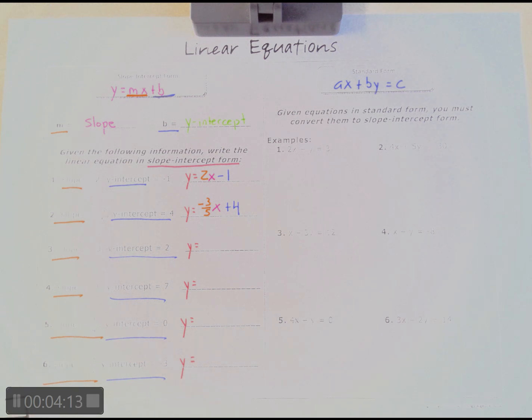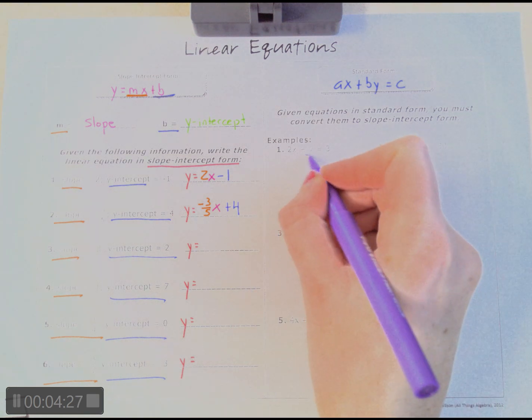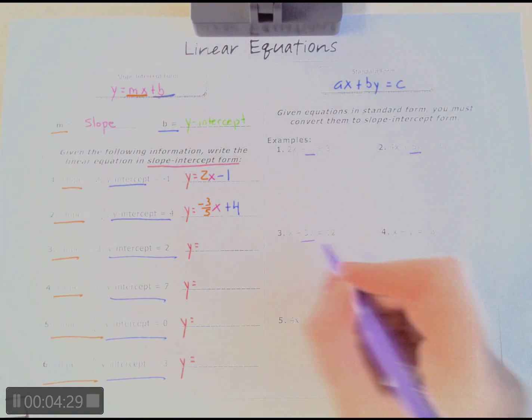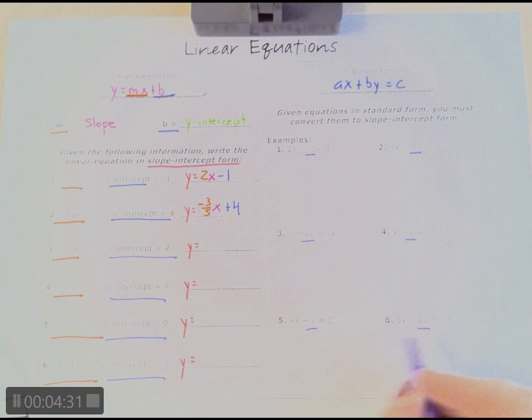Okay? So in order to convert into slope-intercept form, I need to solve for y. This is why we did those literal equations earlier, so that we can solve for variables. Okay? So since I need to solve for my y in each of these, I have 2x plus y equals 3. I need to get y all by itself.